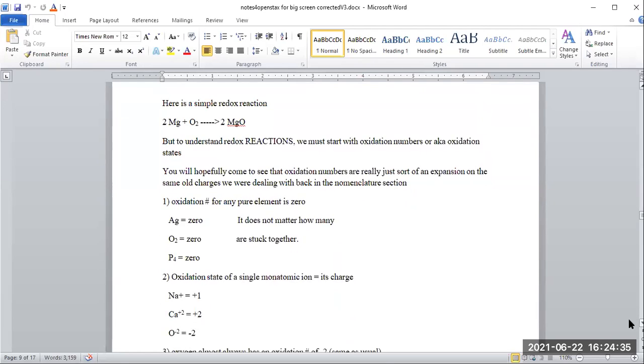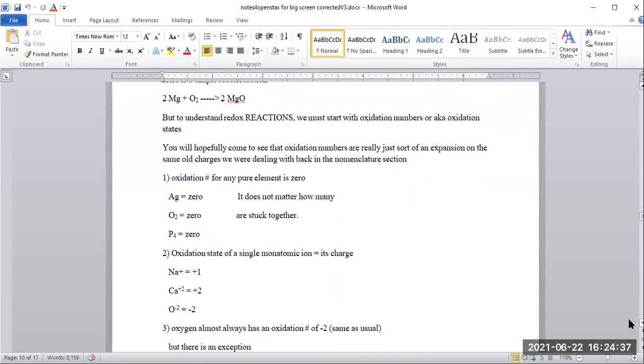We did related things in many ways when we passed through nomenclature. So we're going to take a lot of those same rules and kind of just rehash them, and then expand them a little bit to provide explanations for things that, when we went through the nomenclature, I said, just pretend it's true.